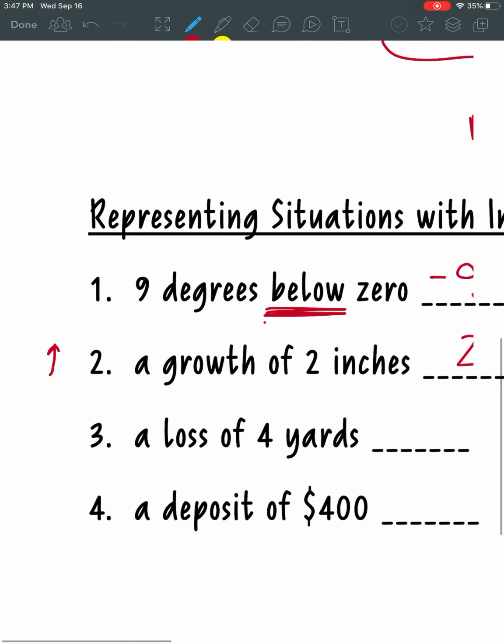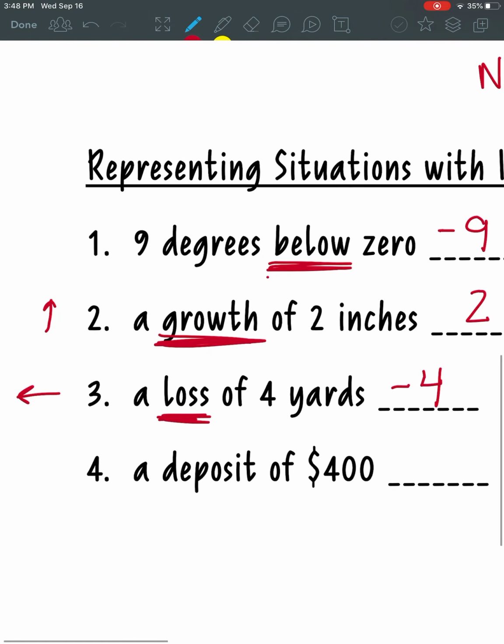We don't have to write that plus sign in front of a 2. We know if a number doesn't have a sign in front of it, then it is positive. Okay, growth is telling us that it's going up. A loss, number 3, a loss of 4 yards. So that means we're going backwards. A loss means a negative.